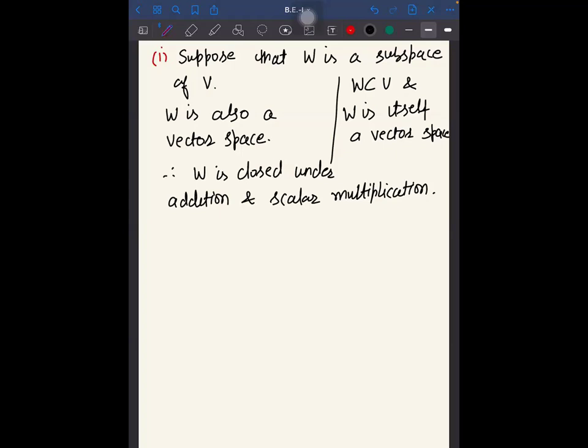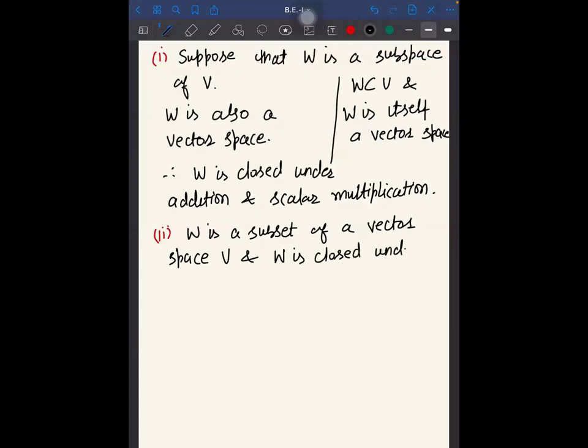Now, the second part is a bit lengthy. Now we are given that W is a subset of a vector space V, and W is closed under addition and scalar multiplication. What do we want to prove? We want to prove that W is a subspace.